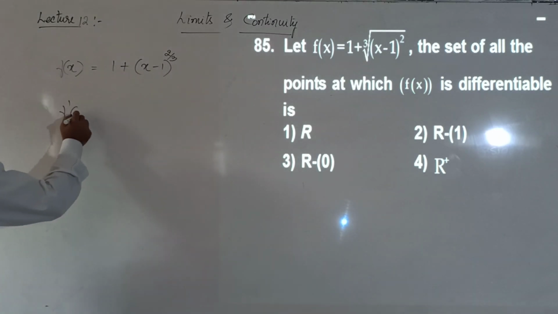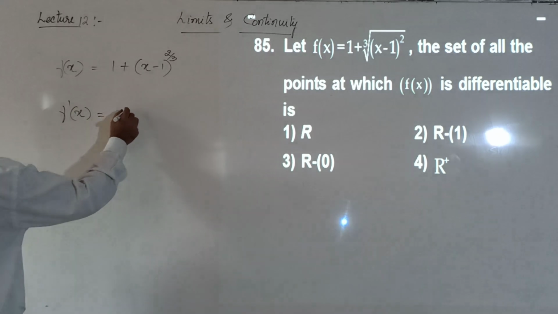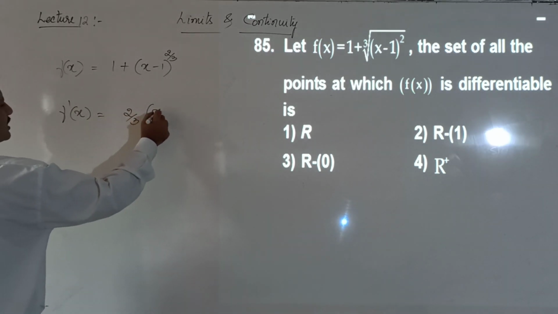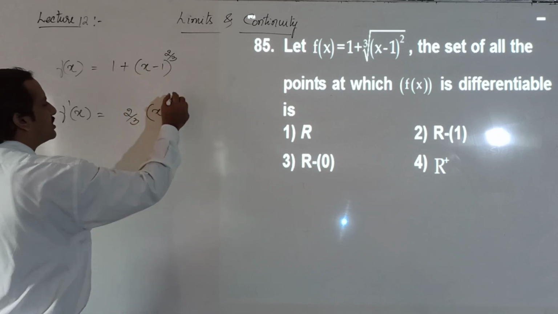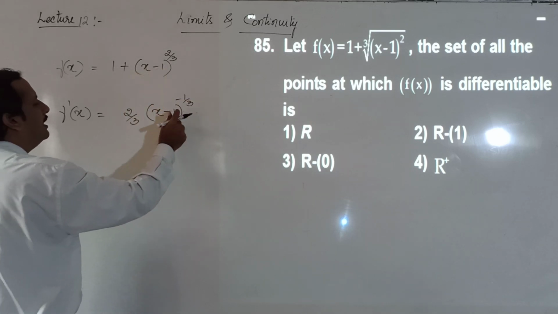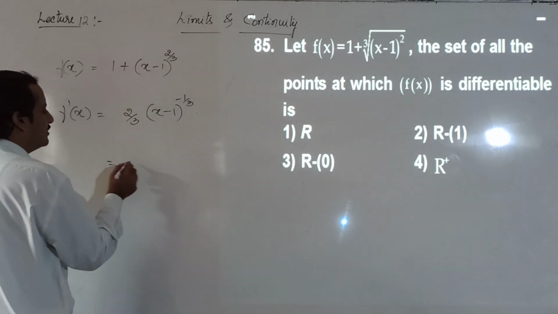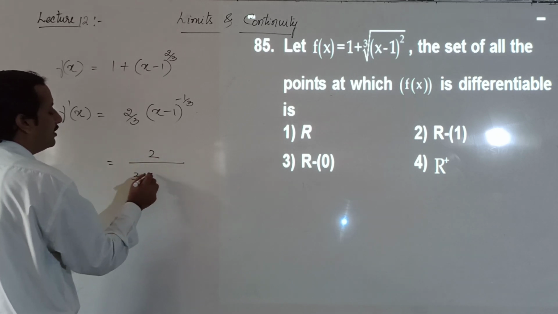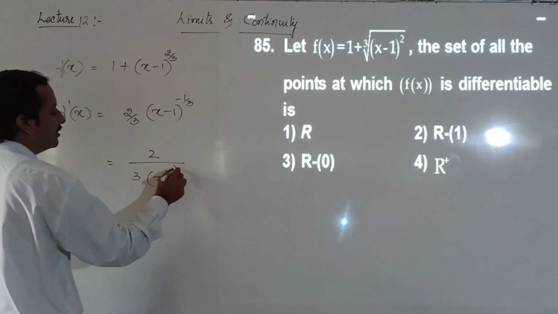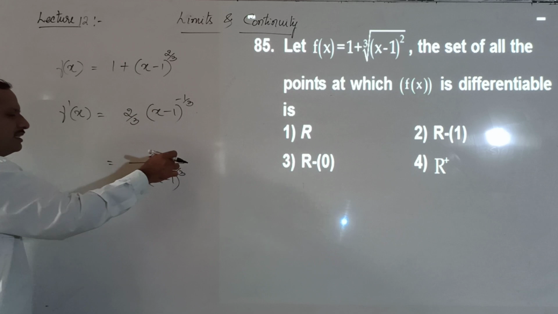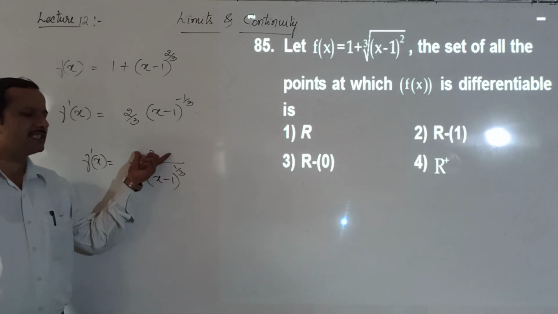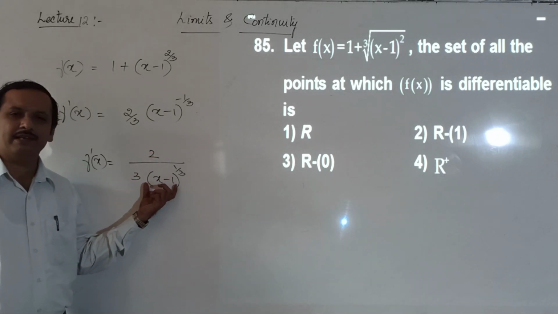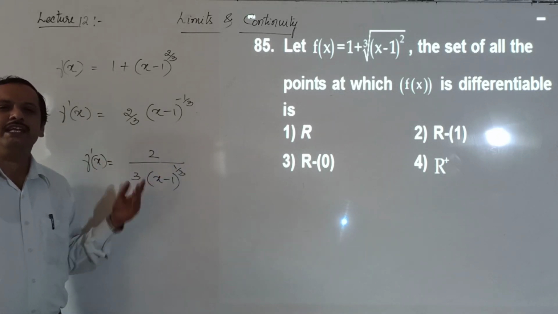f dash of x is equal to, here derivative of 1 is 0, 2 by 3 into x minus 1 to the power 2 by 3 minus 1. 2 by 3 minus 1 will give you minus 1 by 3, into the derivative of x minus 1 which is 1. So that's equal to 2 by 3 into x minus 1 to the power minus 1 by 3. Here minus 1 by 3, I will take it to the denominator as 1 by 3. This is our f dash of x. Now you observe, numerator is a constant, denominator has a variable.